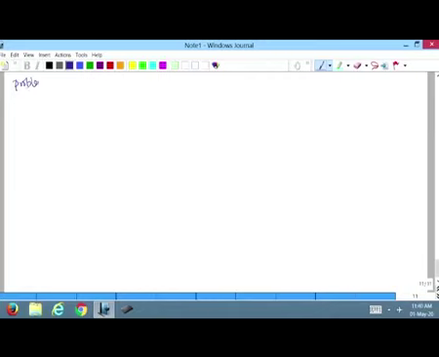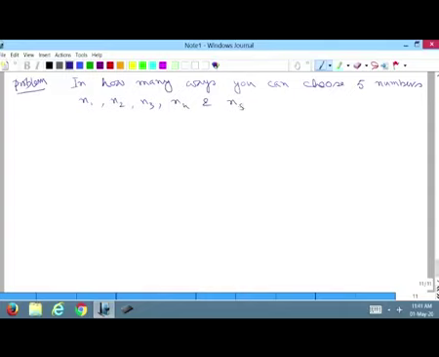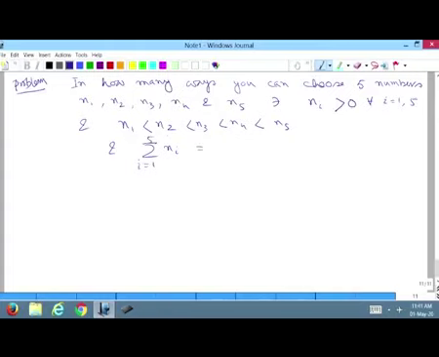Problem: in how many ways can you choose five numbers N1, N2, N3, N4 and N5 such that Ni is greater than 0 for all i equal to 1 to 5, and N1 is less than N2 less than N3 less than N4 less than N5, and the sum of Ni for i equal to 1 to 5 is equal to 20.